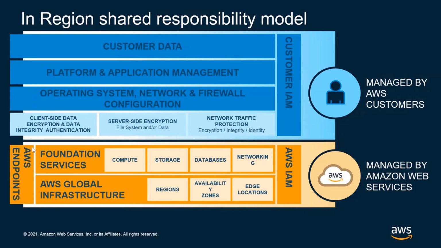So essentially, there's a portion that is managed by Amazon Web Services around the foundational services and the global infrastructure, where we manage all the security elements, including code patching, physical security of our regions, and the personnel that work in there, and all the controls and encryption and capabilities that allow you, the end customer, to meet your requirements. But then you also have responsibility as well.